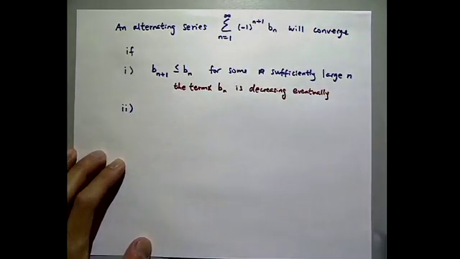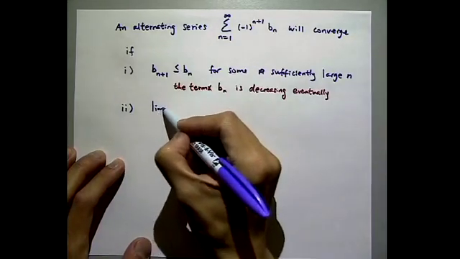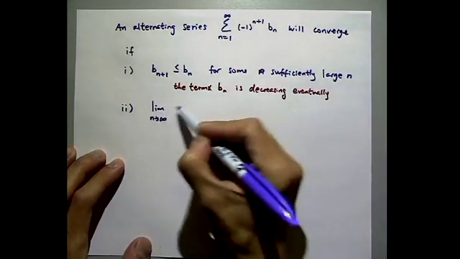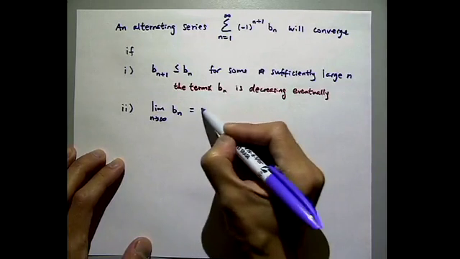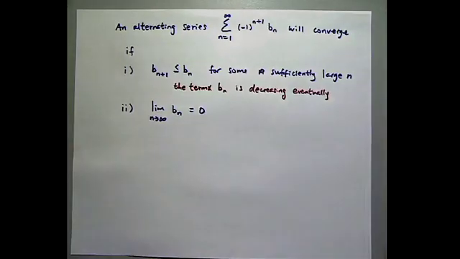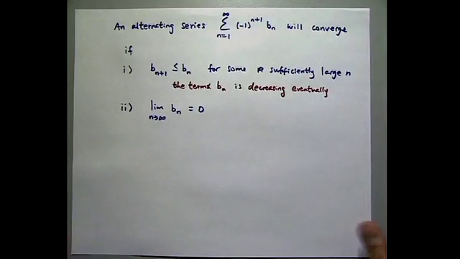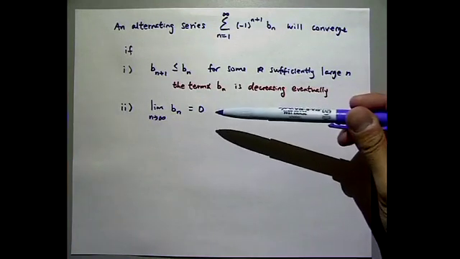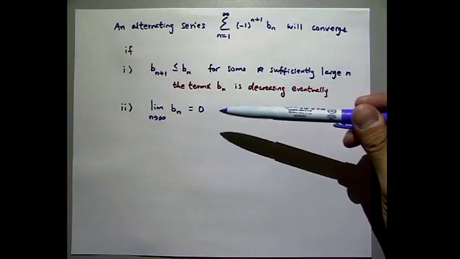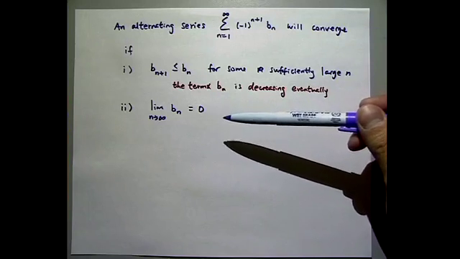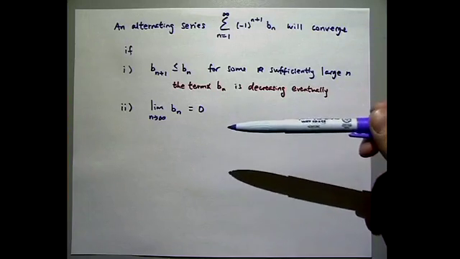And then the second requirement is that the limit as n goes to infinity of b n must be 0. Okay? So where have we seen this before? The second condition, that's the test for divergence, right?